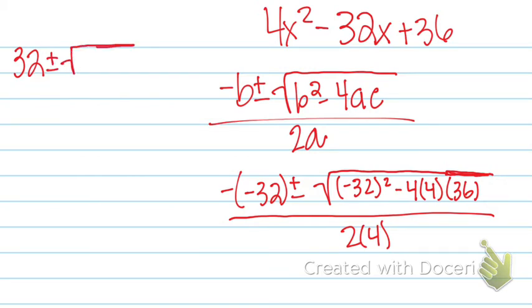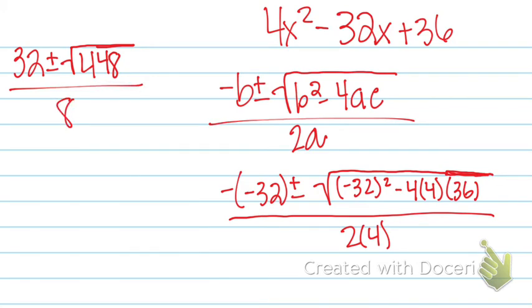The square root... what's the number that goes under your radical? 448. Everybody get 448?